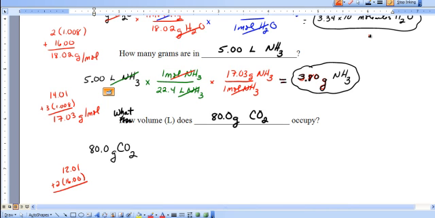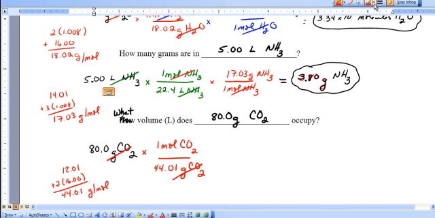Add them up, and it should be 44.01 grams per mole as the molar mass of CO2. So we're going to multiply this by 1 mole of CO2 and put the 44.01 grams of CO2 on the bottom, so that our grams of CO2 divide out with grams of CO2 on top. It must be 1 on top, 1 on the bottom.